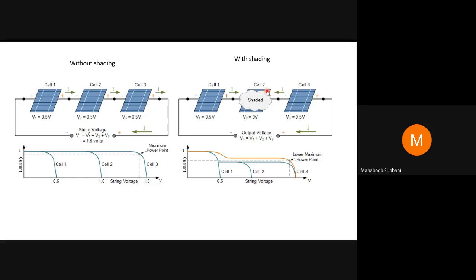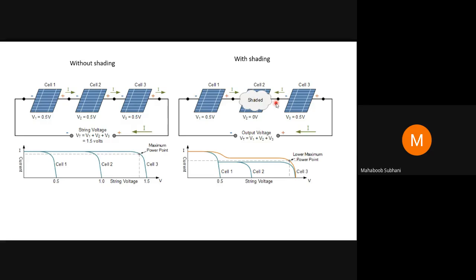Now, the other thing in this shaded cell is that once the current passes through cell 1, it will not be able to pass through this cell 2. So the current changes its direction in reverse.